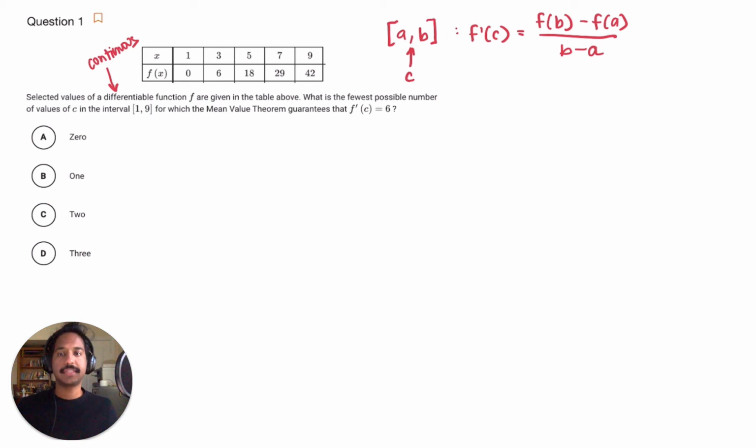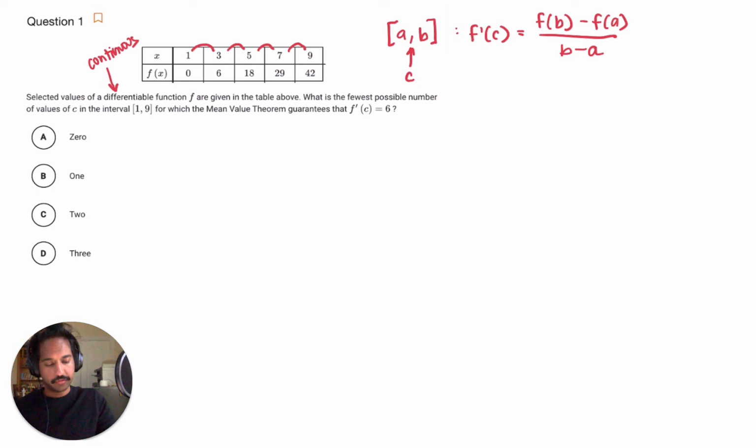Now, the thing about this question is that it's a little difficult only because you have to do the same things over and over and over again. What I mean by that is you need to check every single possible interval here. The first intervals I see are between these points, and I'm going to draw these in red. Between 1 and 3, 3 and 5, 5 and 7, 7 and 9.